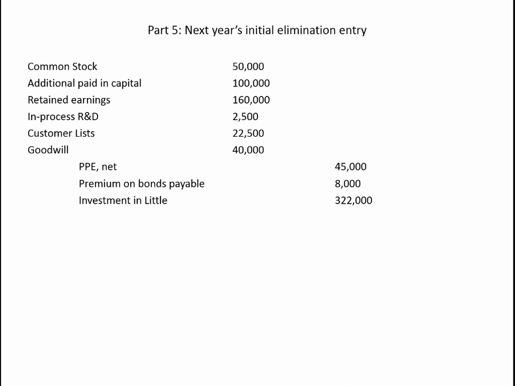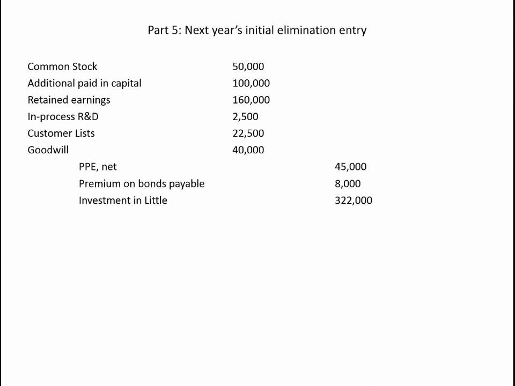Now, that $322,000, it would be nice if there was a simple thing we could call that. It's not the book value of Little, and it's not Little's fair value either. Basically, it's Little's beginning of year book value plus the remaining unamortized differential assets and liabilities.